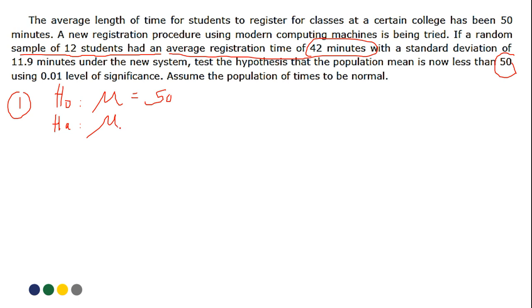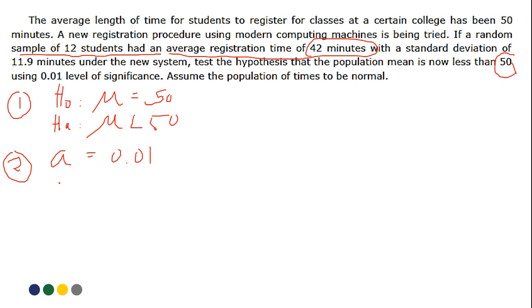Then, do we have a direction in the number 2 problem? Yes, sir. And what is it? Less than. Very good, it's less than. So we're going to use less than 50. And for number 2, the alpha is 0.01. This is 1%.